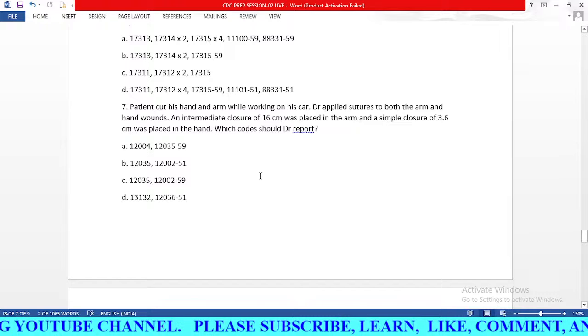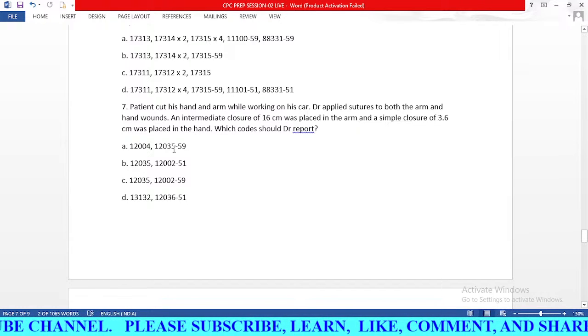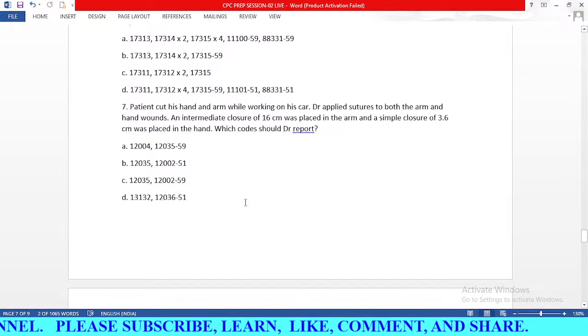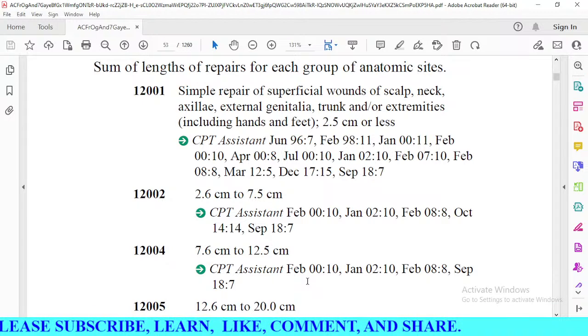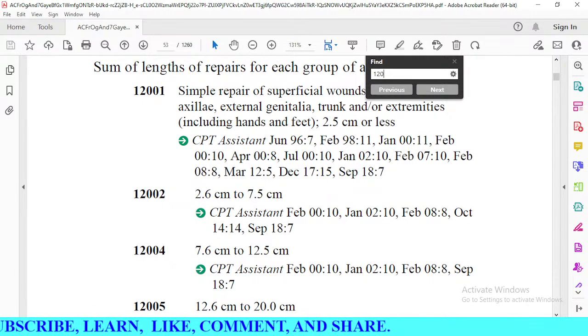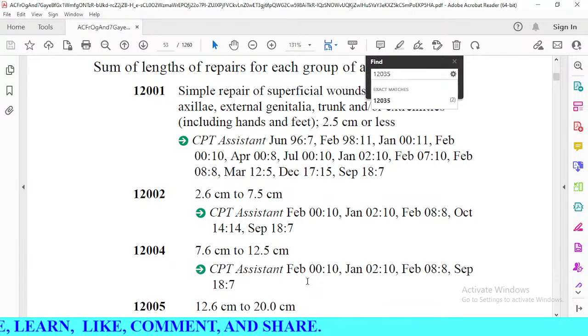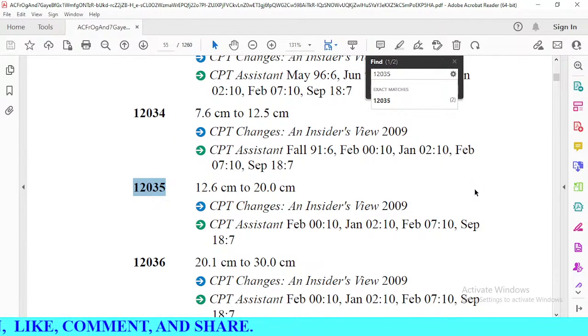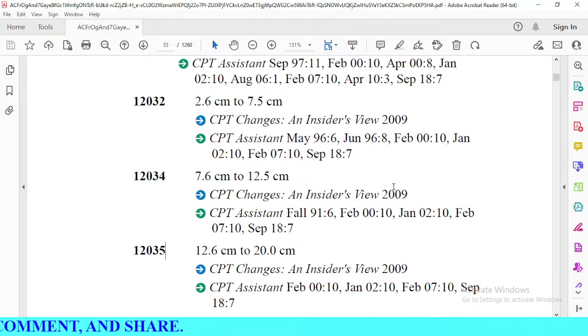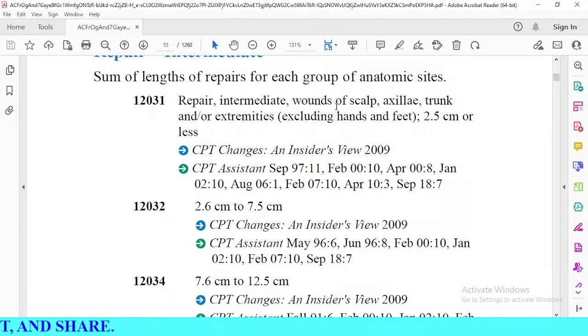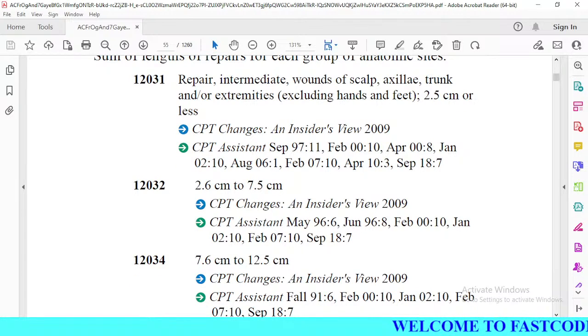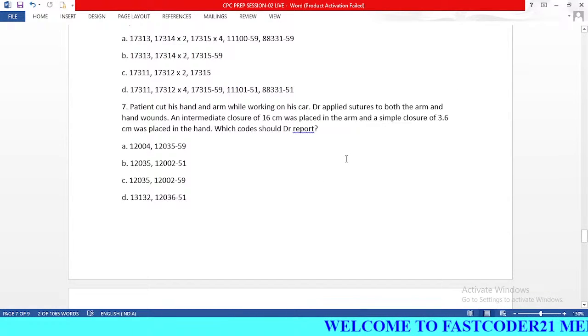Now we need to check the intermediate repair. We can check 12035: repair of intermediate wounds of scalp, axilla, trunk and/or extremities excluding hands and feet. Here we are looking for the arm.